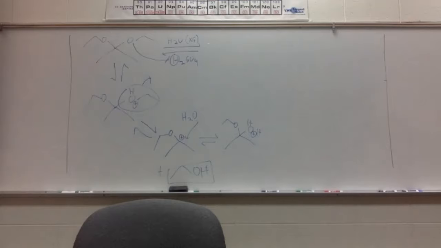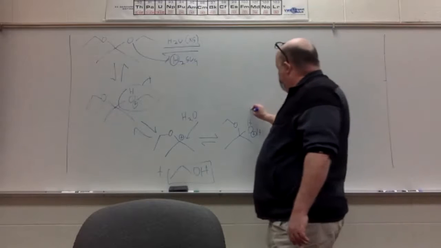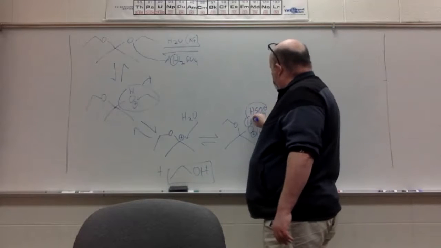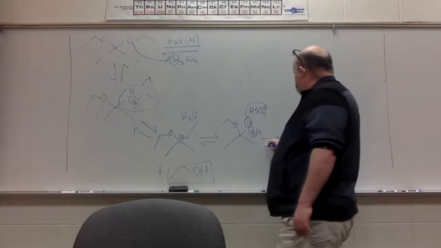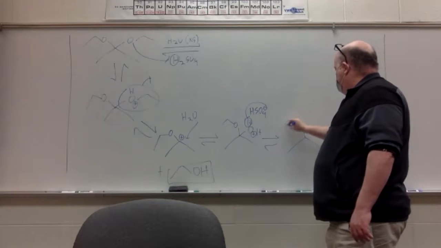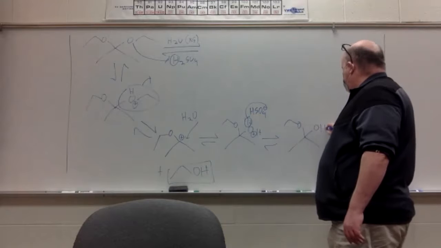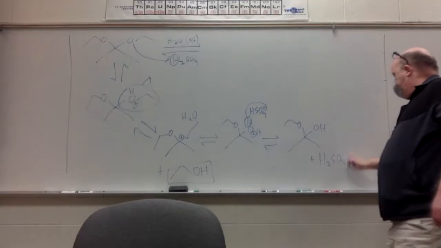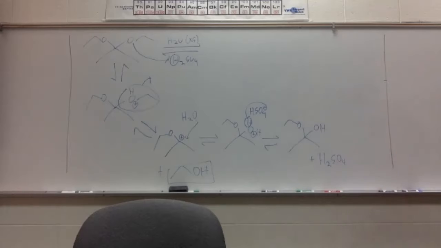Last step of phase one. HSO4 minus comes in, deprotonates your O. And voila, you've recreated your sulfuric acid at the end of phase one, and you've also created a hemiacetal. So same halfway point.